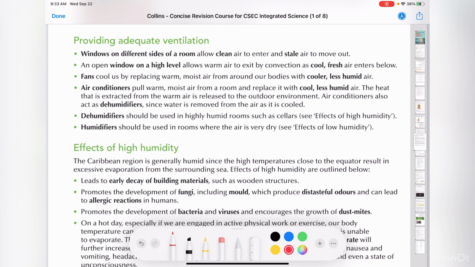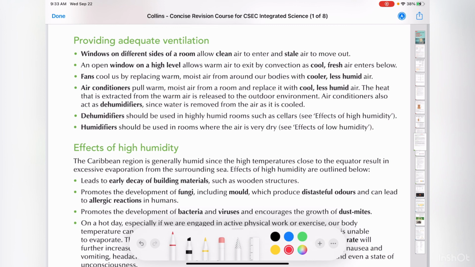You can have fans to help bring in cool air, which will pull out warm moist air and replace it with cool, less humid air. There are also dehumidifiers which will lower the humidity level. Dehumidifiers should be used in highly humid rooms such as cellars. Humidifiers should be used in rooms where the air is very dry.